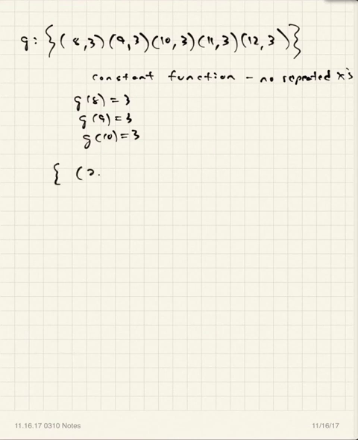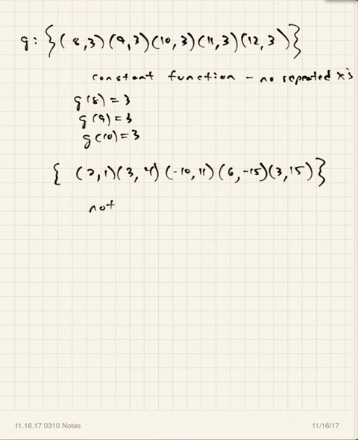All right, let's say we have 2, 1. 3, 4, negative 10, 11, 6, negative 15, 3, 15. Function or not a function? Not a function. Yeah, not a function, that's right. This is not a function, and what happens here? We have repeated x's, don't we?